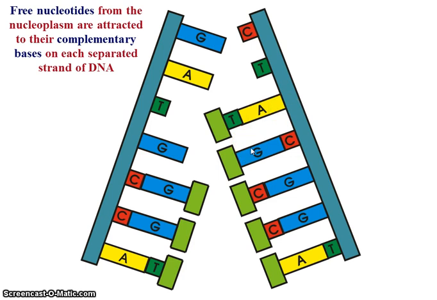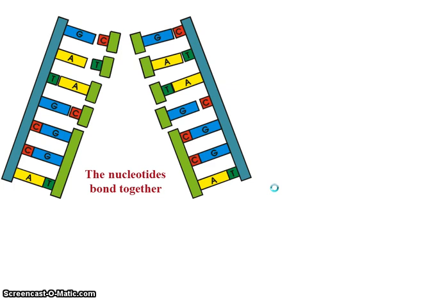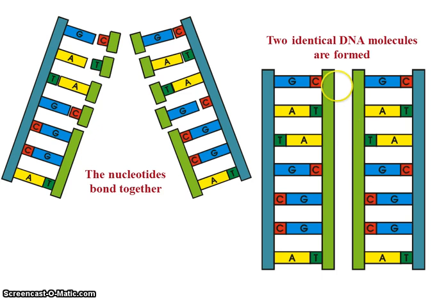We're not quite out of the woods yet. All we've done at the moment is to stick on these nucleotides. And so this is now where the nucleotides bond together, and this in fact is where the enzyme DNA polymerase joins together those nucleotides to produce 2 completely identical DNA molecules.